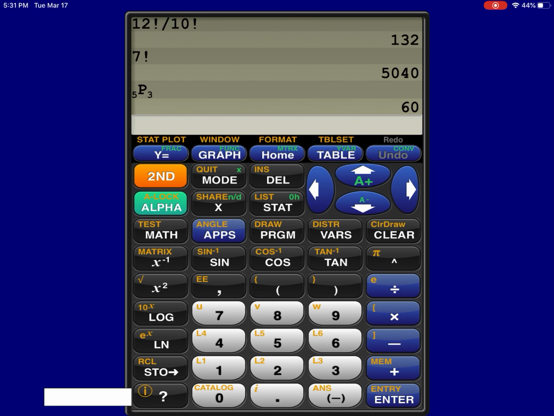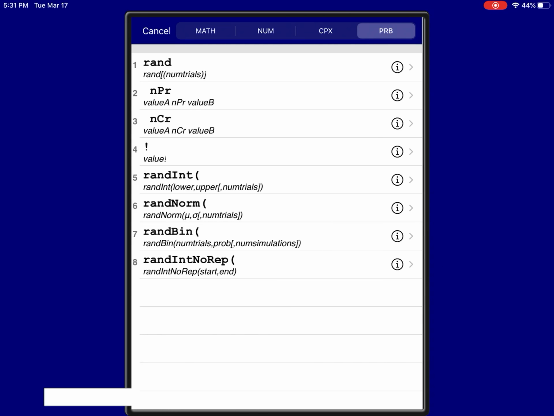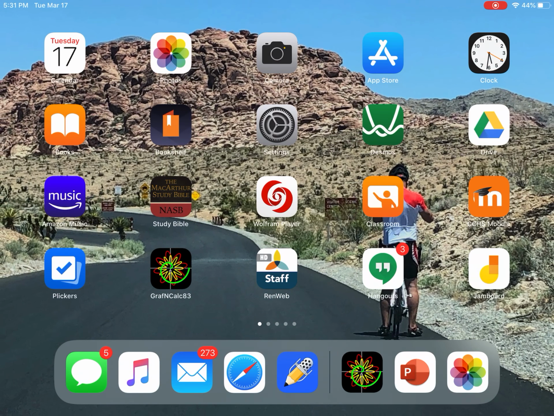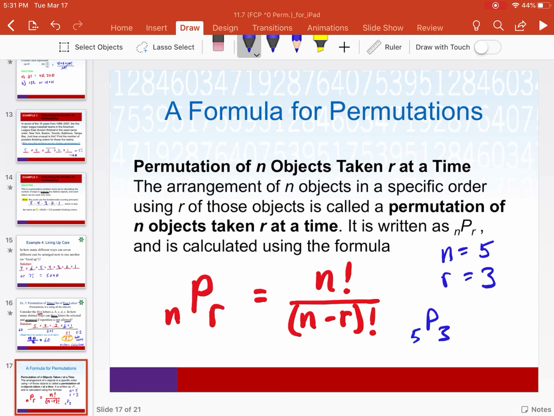Now, some of the calculators, you're going to have to do this. You're going to have to type the 5, go find your probability menu, hit the nPr. Depending on the calculator that you have, yours will have to look like this: 5, and then it'll be nPr 3.